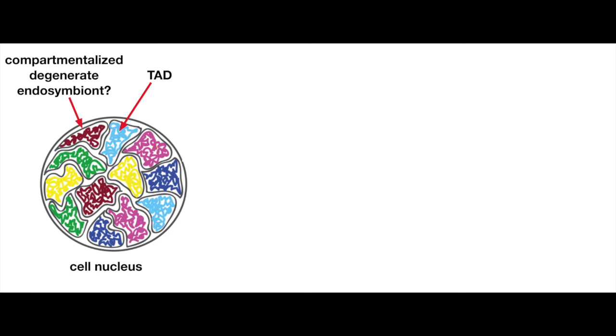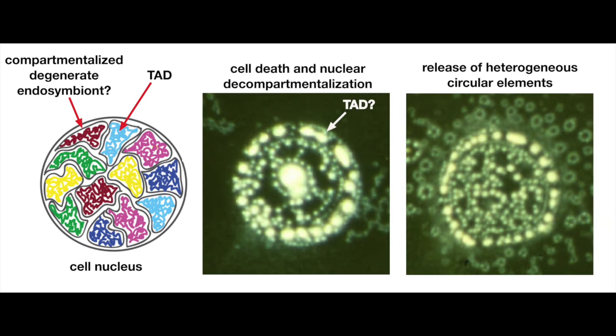Now, that's just a diagram like the other diagram. I'm going to show you reality, something that is not a diagram, it was found under a light microscope. We'll talk more about these two images later in the movie.